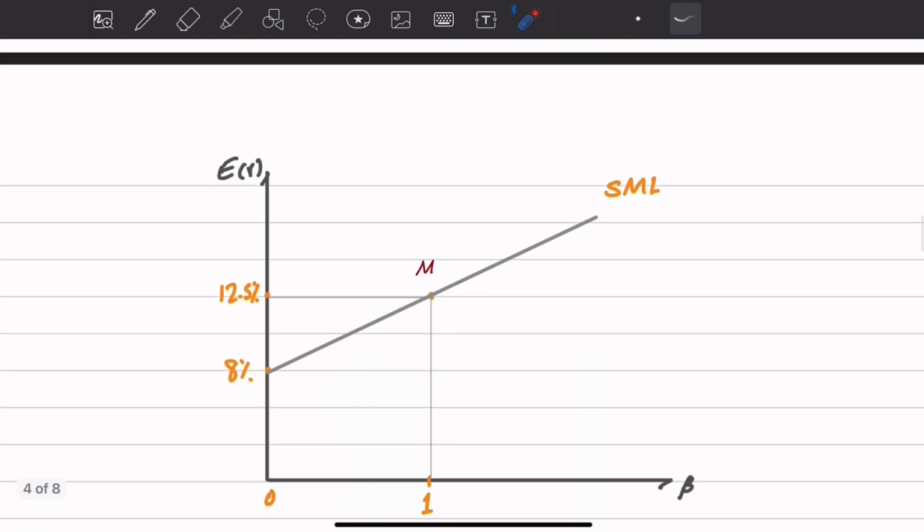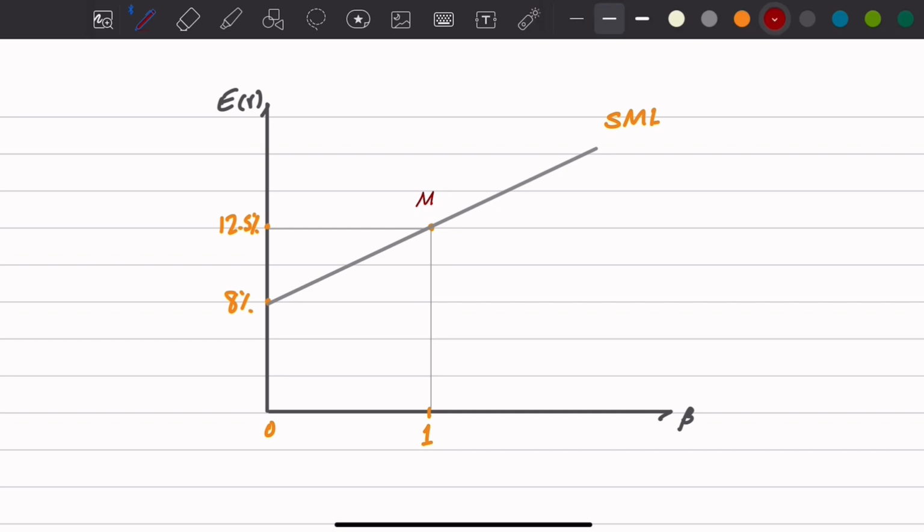Beta equals 2 and the expected return is 17. So if we say that beta is somewhere around here, I will draw a vertical line all the way up to the security market line, and then from there I'm gonna have to push this up just a little bit.